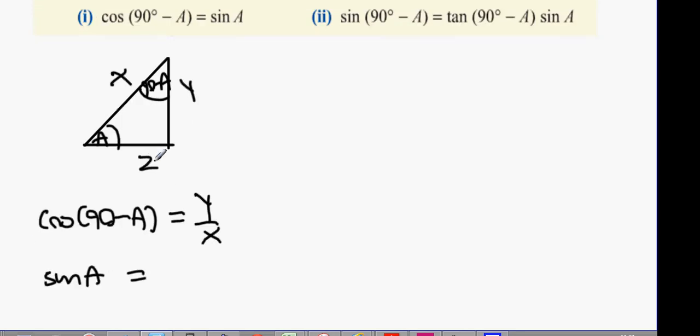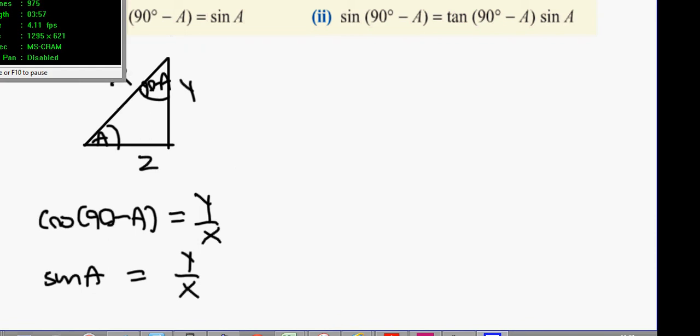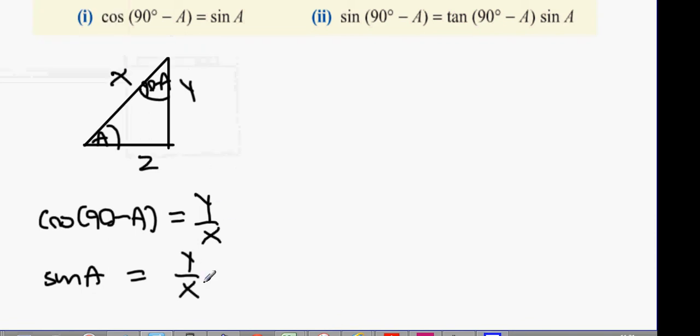Sine A is Y over X. They're the same. Okay? So, do you understand that according to the angle A, Y is the opposite, X is still the hypotenuse. According to the angle 90 minus A, Z is the opposite and Y is the adjacent. That's why they're both the same as each other.